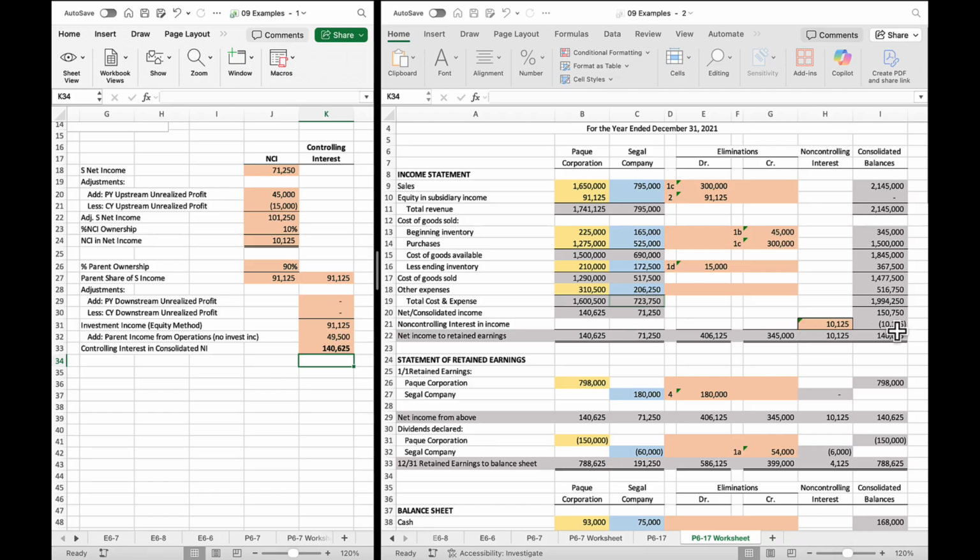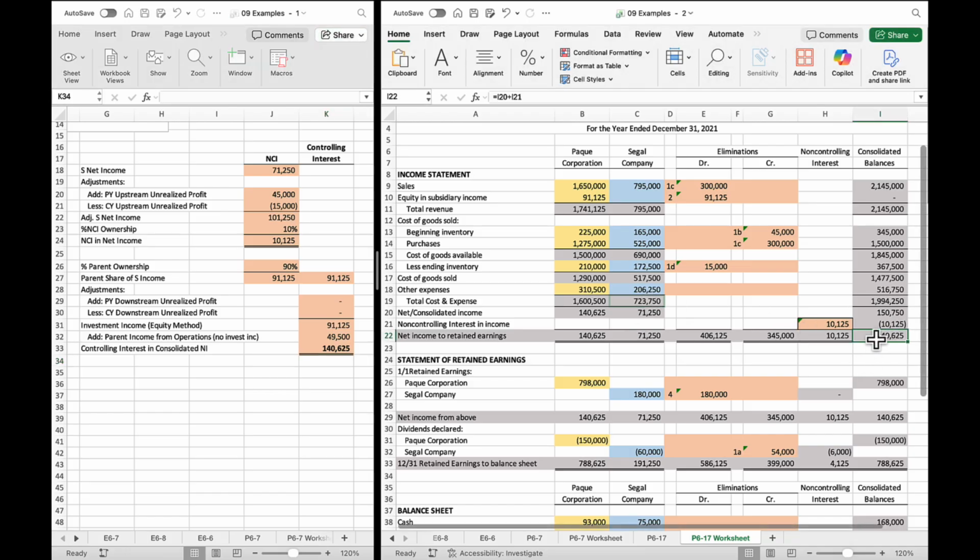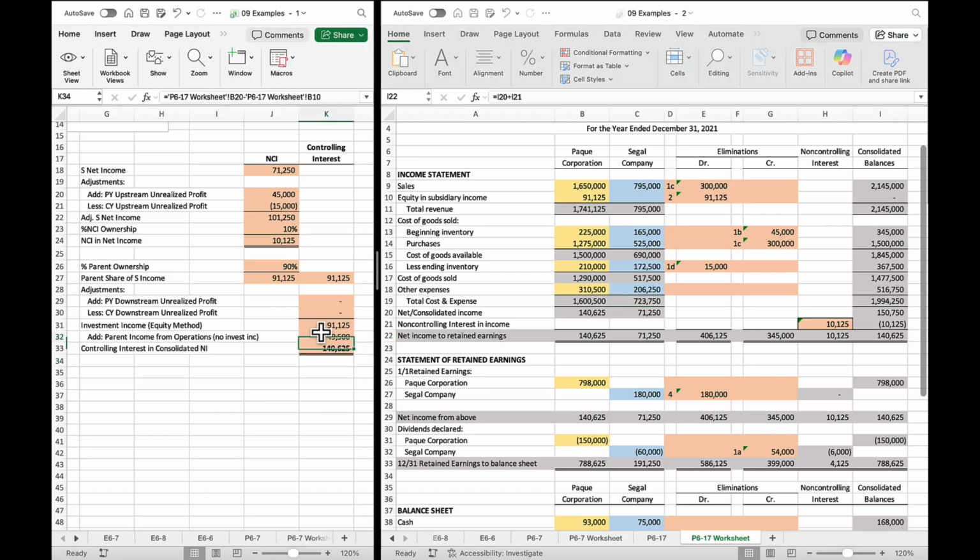And when we add them together, we end up with the exact same consolidated net income, which we should. So this number is the same as it was in the previous example, just calculated in a different way. All right, so that wraps our final problem for this module.